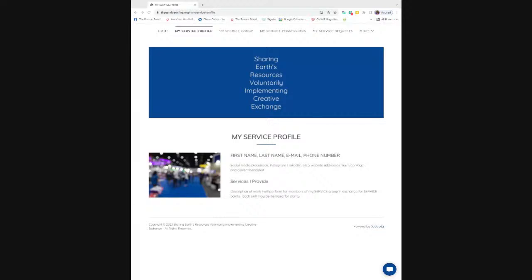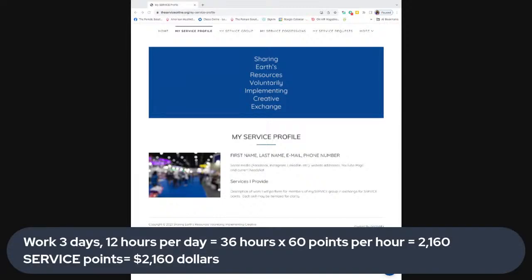And those service points can be something that takes you out of a state of poverty, because from that, you then can trade for what you need by those who have what you need and are willing to share because it's something they're not using.